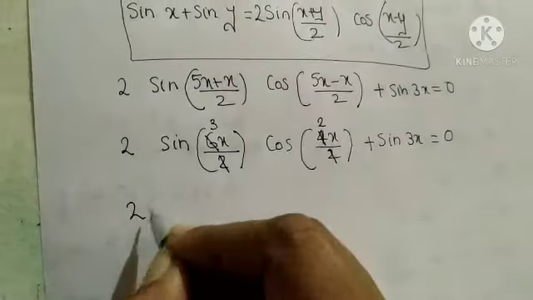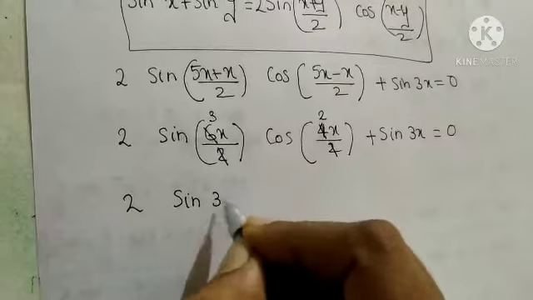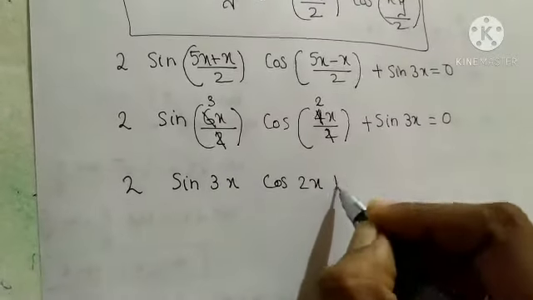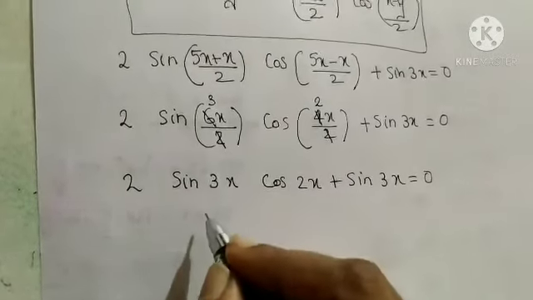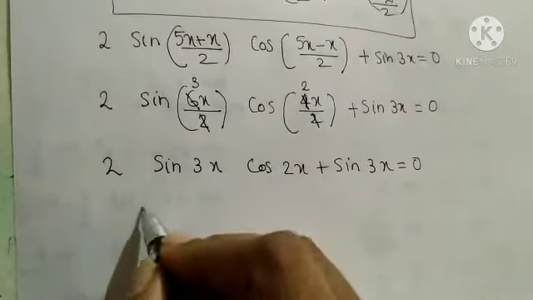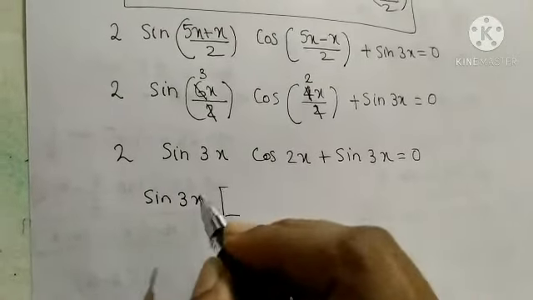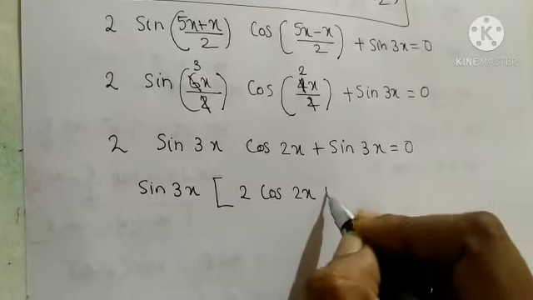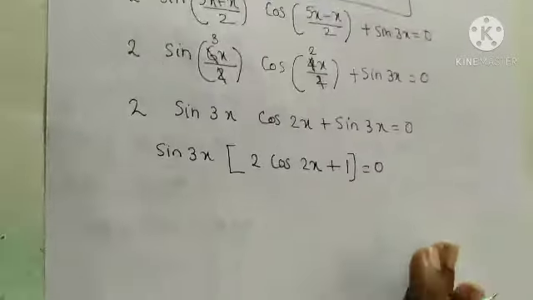So in the next step it will become 2 sin 3x into cos 2x plus sin 3x equal to 0. If you observe these two terms, sin 3x is common, so taking it outside we get sin 3x into (2 cos 2x plus 1) equal to 0.